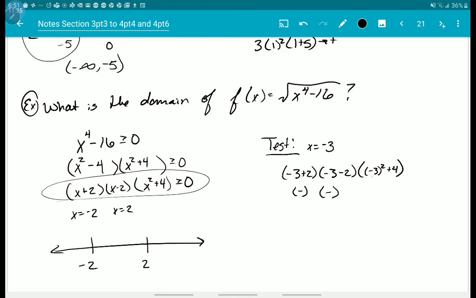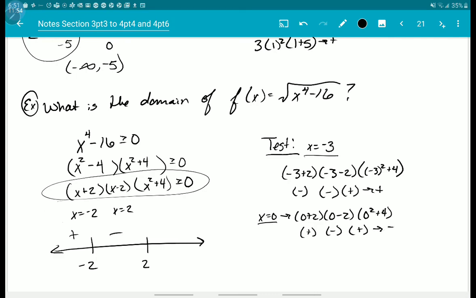And this is really 9 plus 4, which is a positive. So a negative times a positive is a positive. Now let's plug in 0. So we're going to have 0 plus 2, 0 minus 2, 0 squared plus 4. So we have a positive times a negative times a positive, which is going to be a negative.